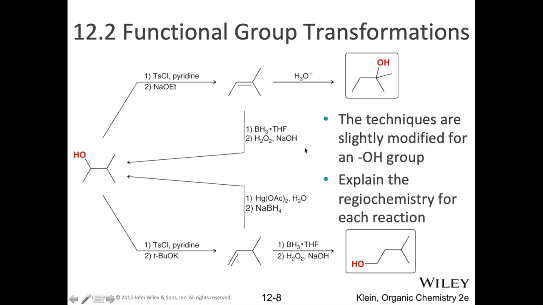You also have to consider, for doing your addition reaction across that double bond, that you have different reagents to help you do that, and also help control whether you get the Markovnikov or anti-Markovnikov addition. For example, you can see here that using a borane, you can get the corresponding anti-Markovnikov addition, whereas using mercury acetate or even sulfuric acid, depending on the situation, will give you the Markovnikov addition.